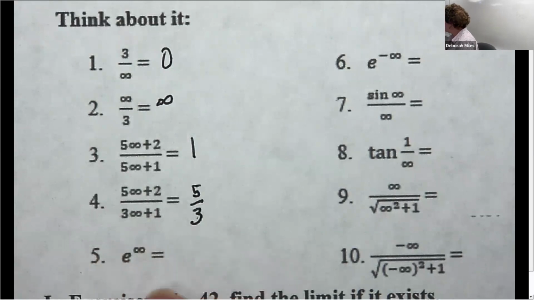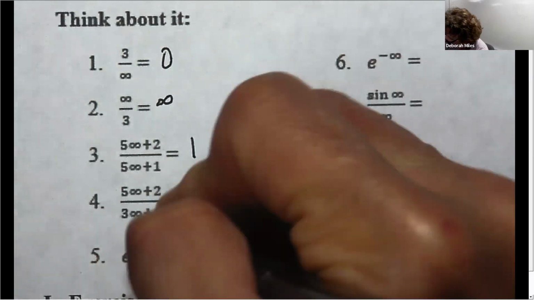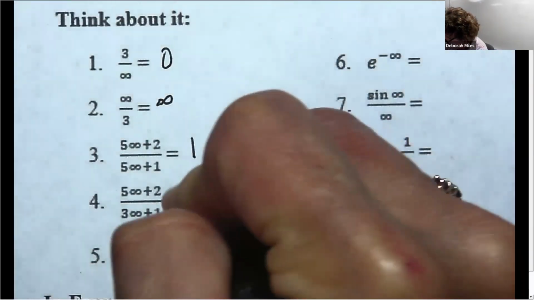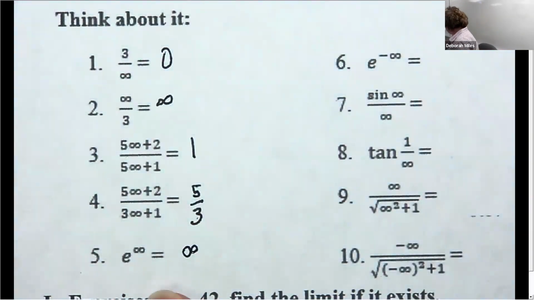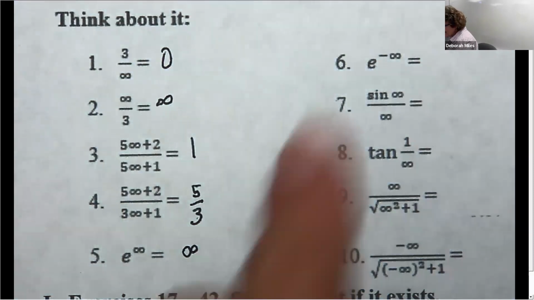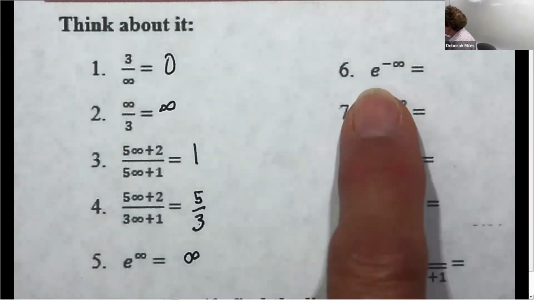What's 3 to the bazillion? 3 multiplied times itself a bazillion times. It's infinity. It's enormous. So e to the infinity is infinity. What about e to the negative infinity?